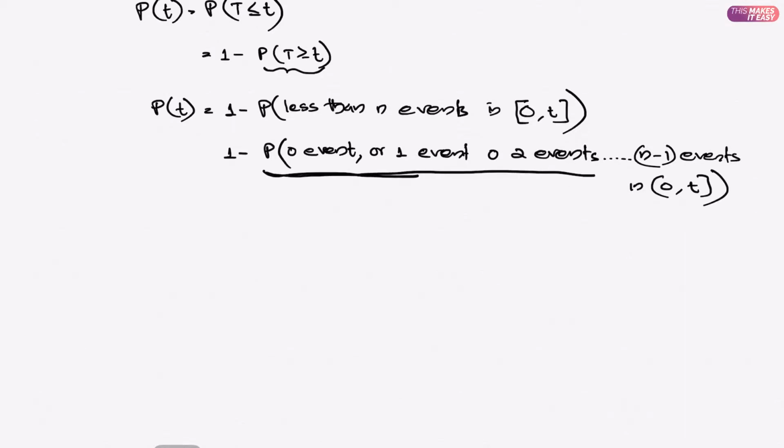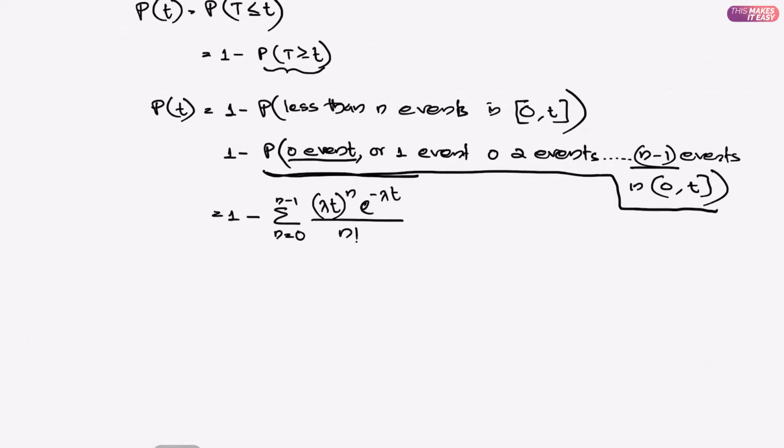We can rewrite this part using the Poisson distribution, where the rate is lambda times t because we are looking at t time units. So we can rewrite this as 1 minus the summation, where k takes values from 0, because we are starting from 0 events, till n minus 1, of (lambda t) power k times e power minus lambda t, all divided by k factorial.